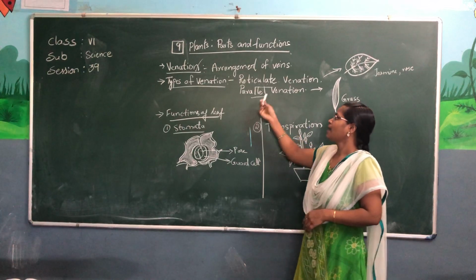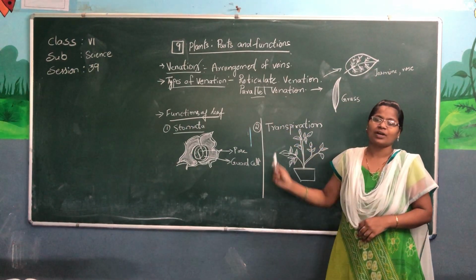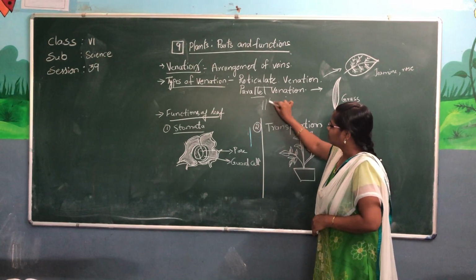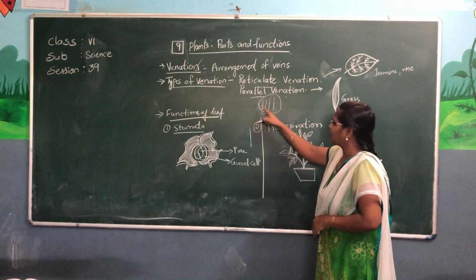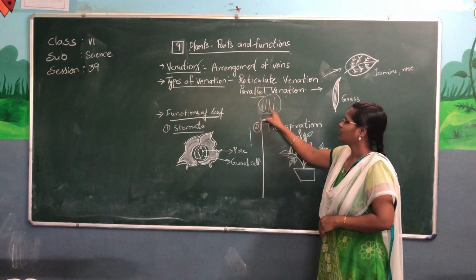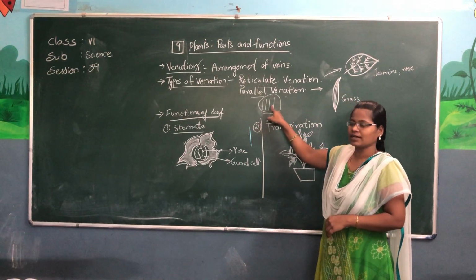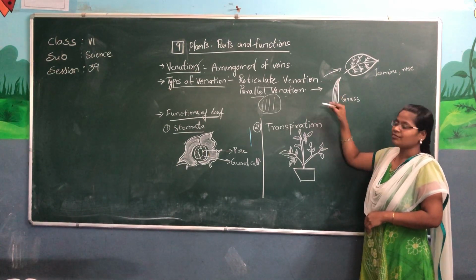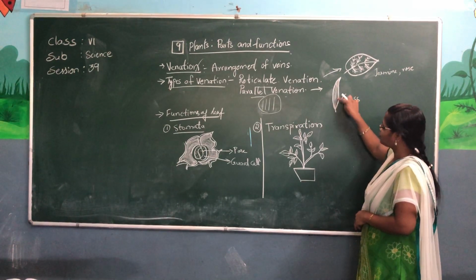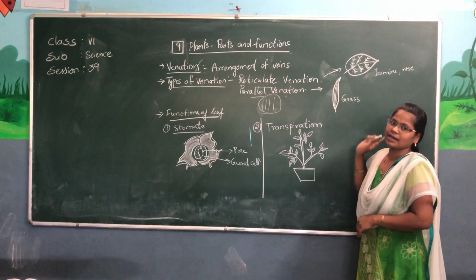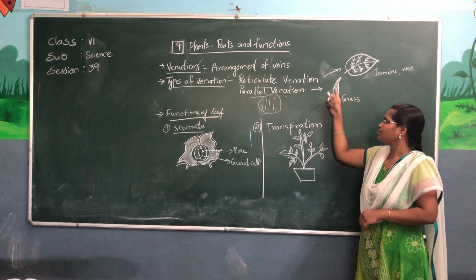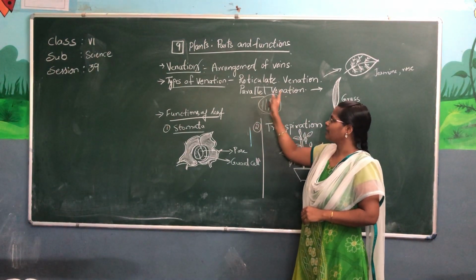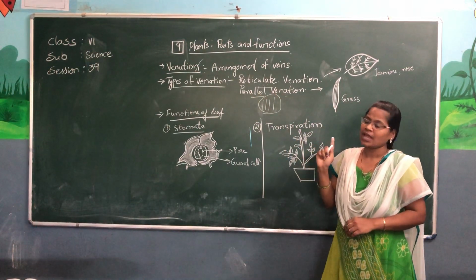Now coming to parallel venation. What is this? Parallel means, these lines are called parallel lines. They are parallel to each other. Even in the leaf, the veins will be in parallel arrangement. Veins arranged parallelly is called parallel venation.